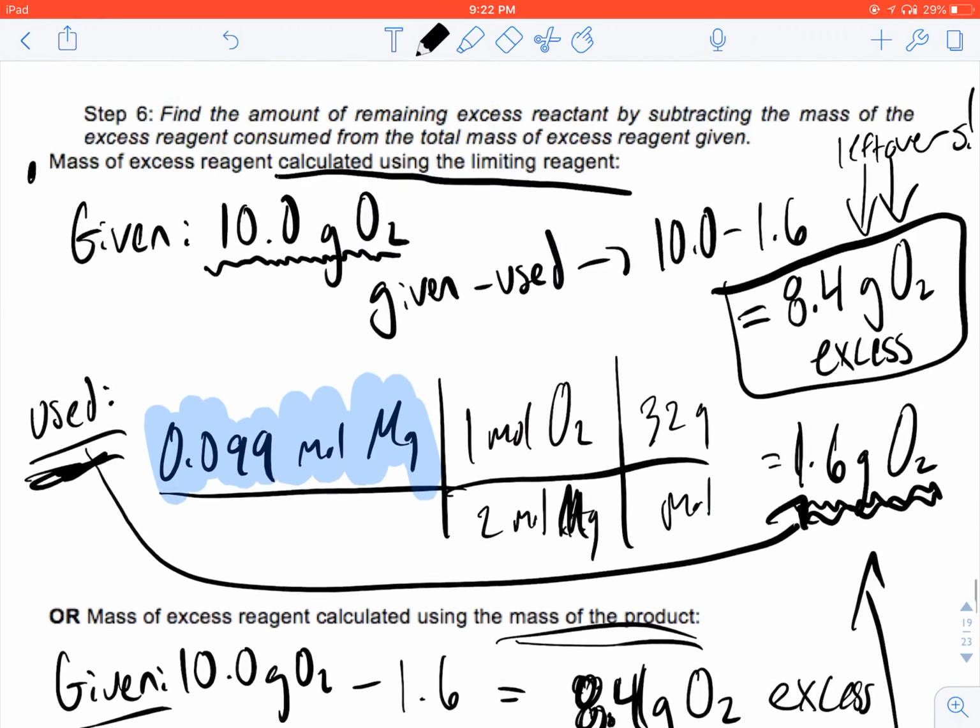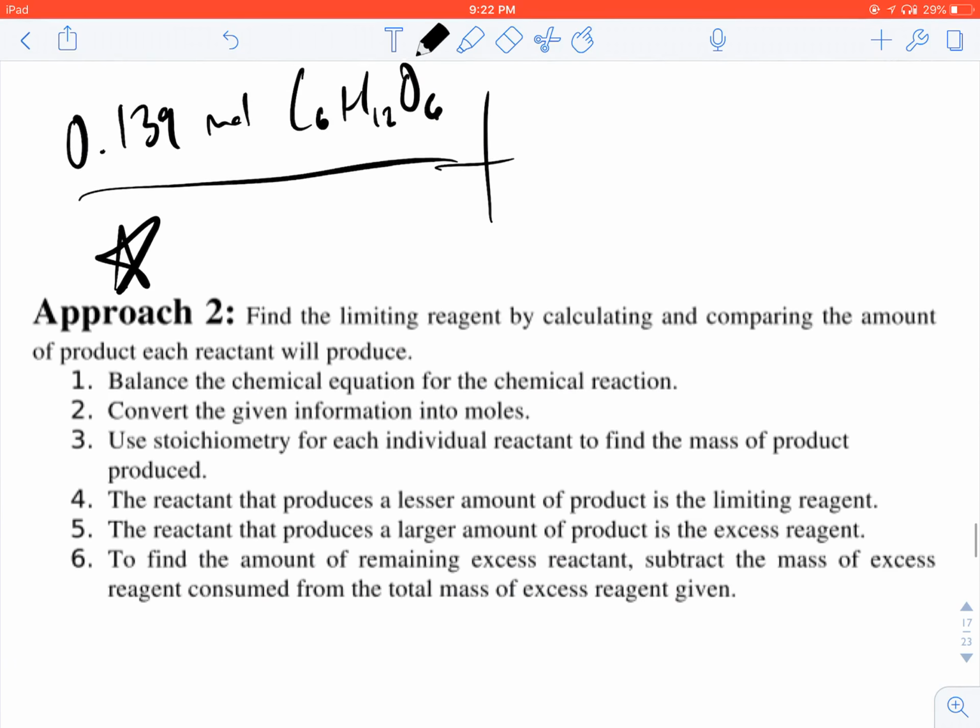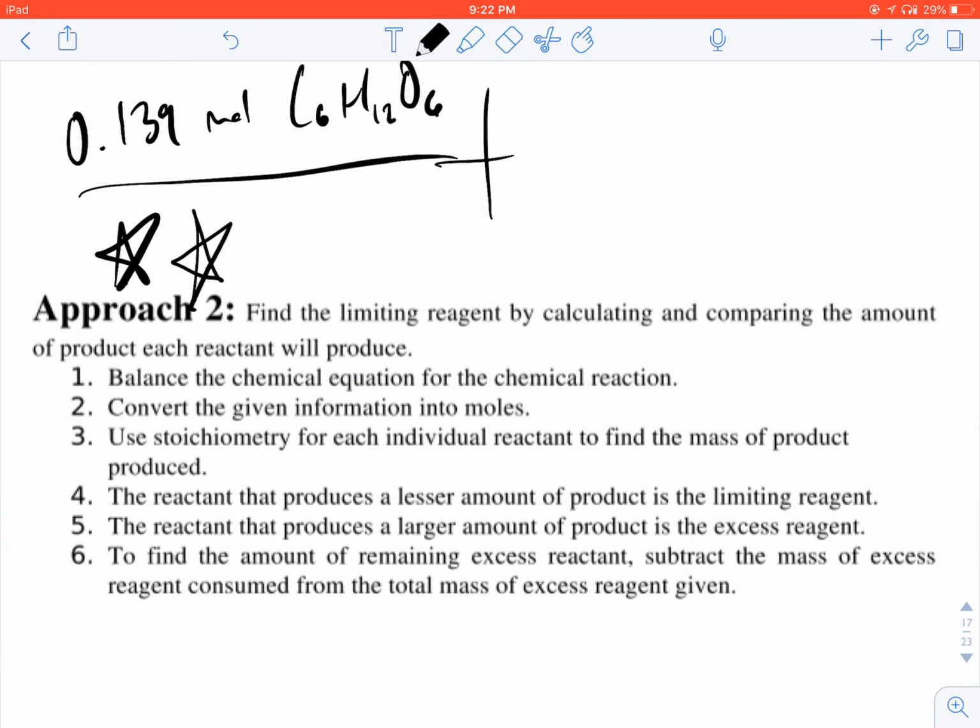When I'm doing these problems, most likely, I'm going to be doing approach 2. Again, remember I said I like it because of this step right here. Step 3, we're calculating the mass of the product. Most usually, your question is going to be asking what the mass of the product is that's made.